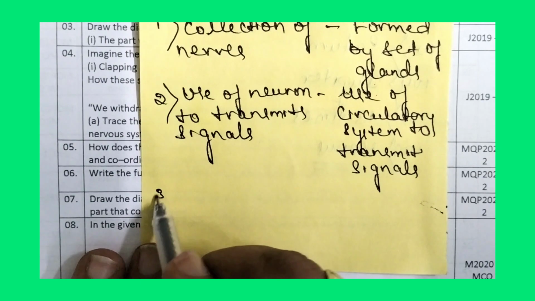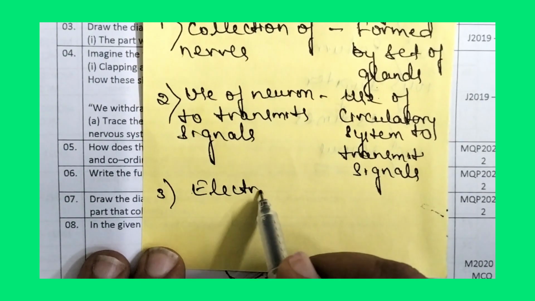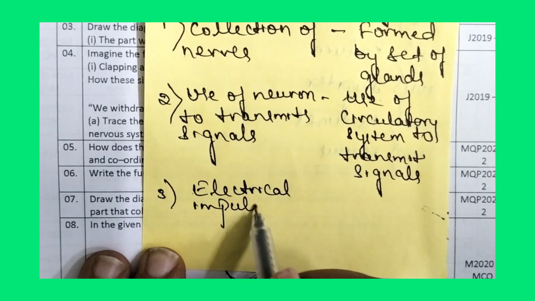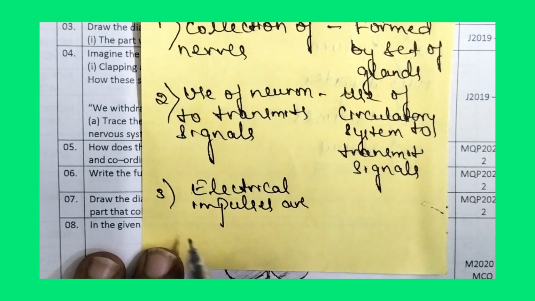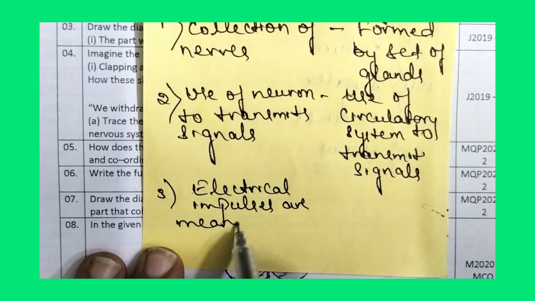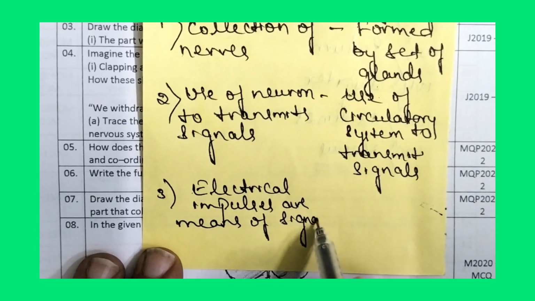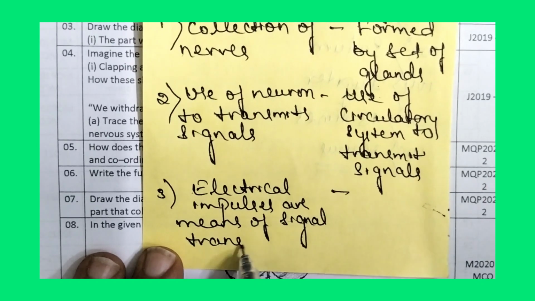Then the third difference is, electrical impulses are the means of signal transmission. So any signal is carried in the form of electrical impulses.